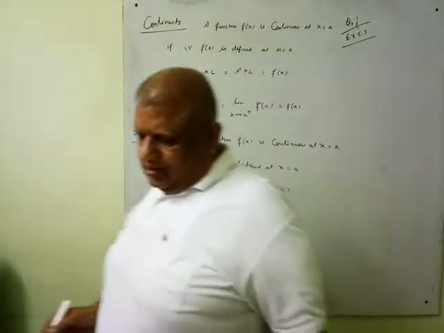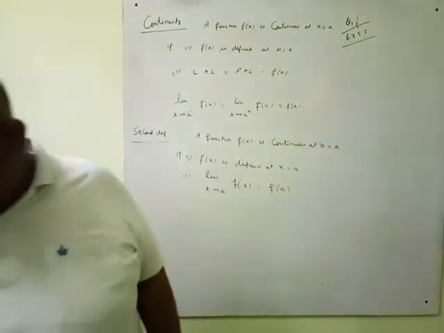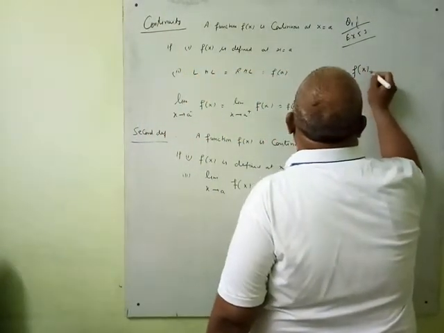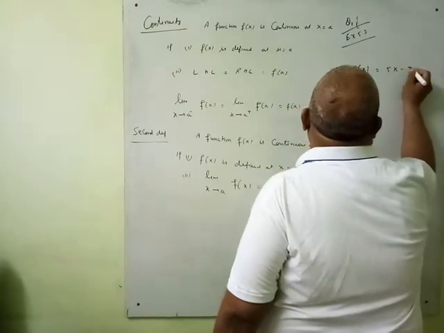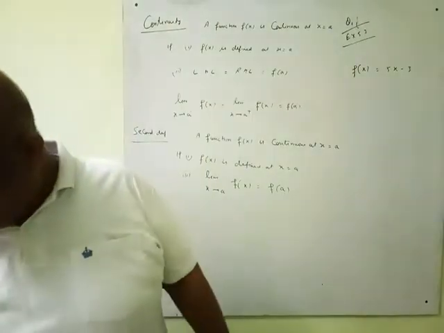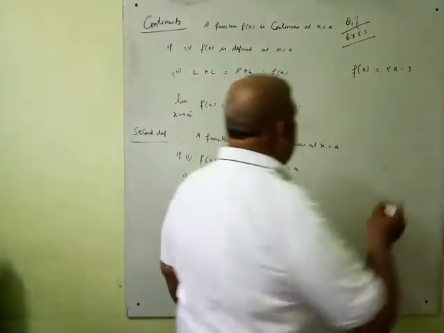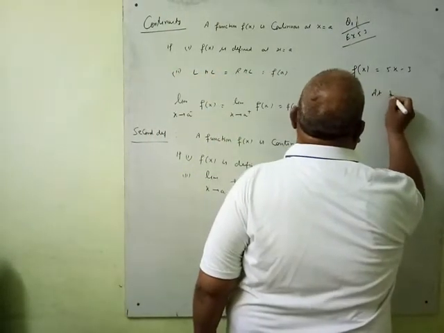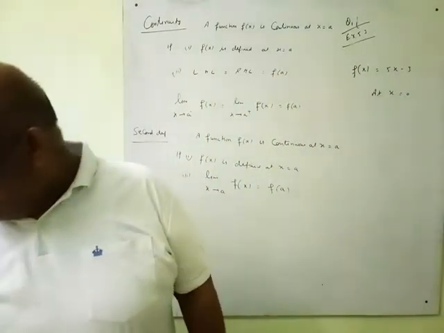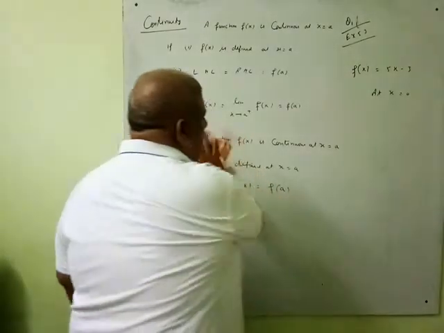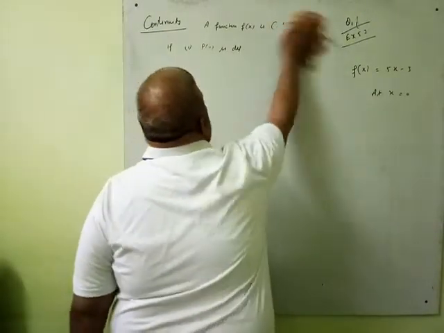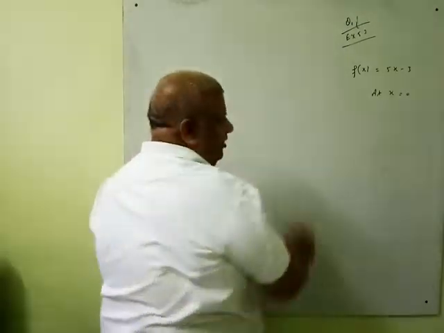This is the question. f(x) is equal to 5x minus 3. We have to find out continuity at x equal to 0. Discuss the continuity at x equal to 0. We can apply both the definitions in this type of question.